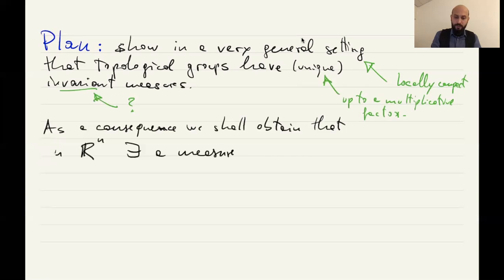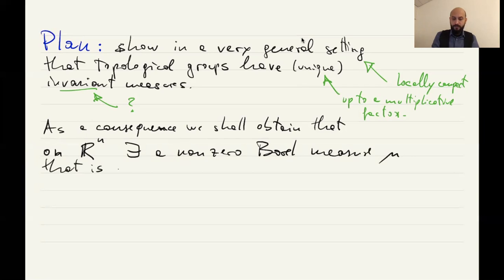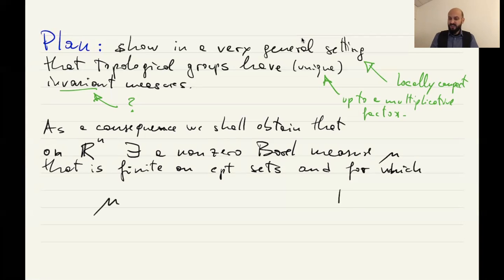As a consequence, we shall obtain something that we already know: on R^n there exists a non-zero Borel measure, let's call it mu, that is finite on compact sets, and for which, if we take a Borel set and we take a vector in R^n, the measure of the translation of the set by that vector is the same as the measure of the set.